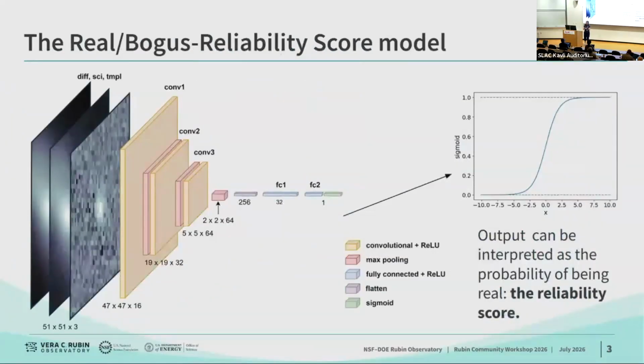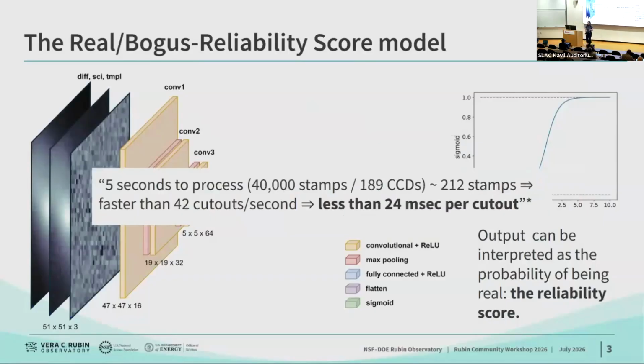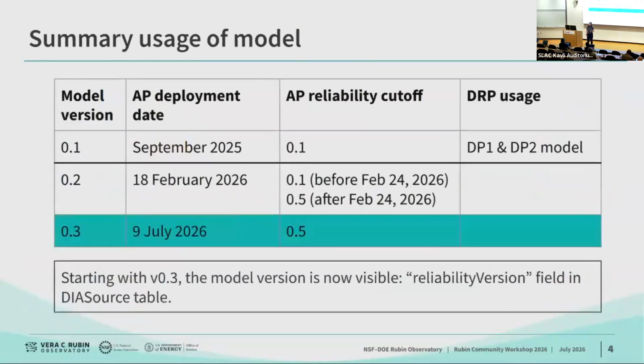For Rubin, that score is assigned by applying a machine learning model, in this case a very light convolutional neural network that takes as input the difference, template, and science images. The output is a value between 0 and 1. It's very light because we need to keep the 60-second mark.